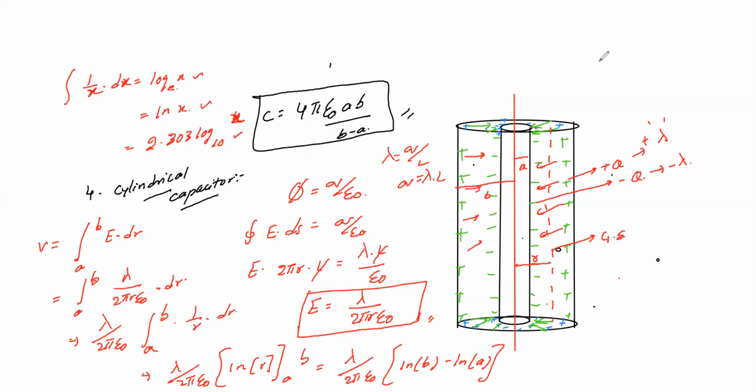The formula is log a minus log b equals log a by b. Remember this relation. So it equals lambda by 2 pi epsilon naught ln of b by a. This is your potential. Please take this down.